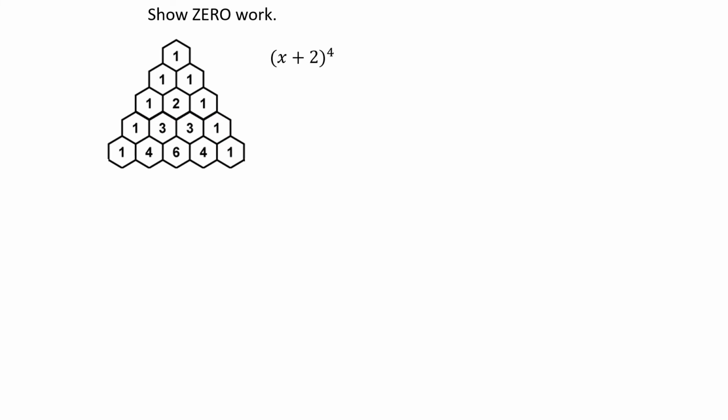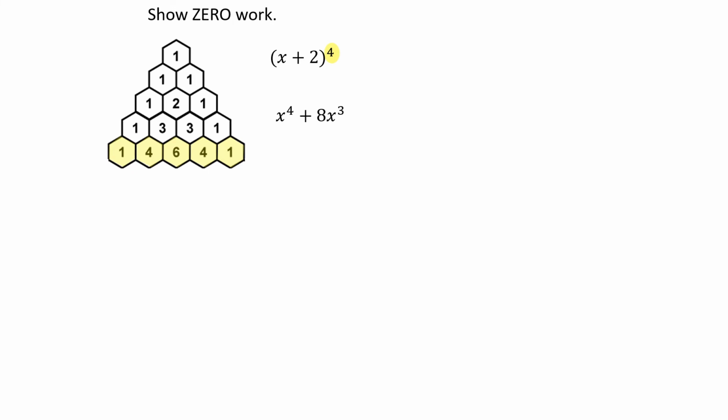Now, can I do this without showing any work at all? Well, it's a fourth power. I know I'm going to look at row 4. So I'm going to need 1x to the fourth. I'll need 4 times 2, which is 8, with my x to the third.